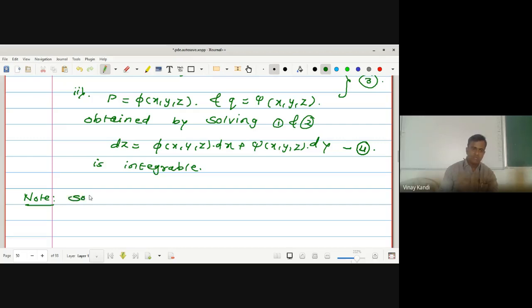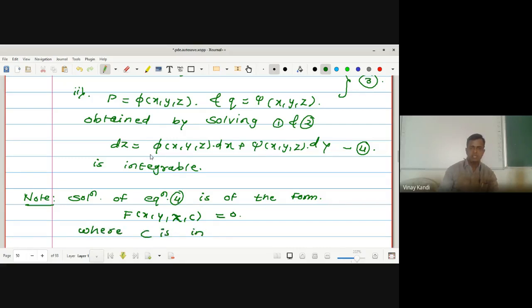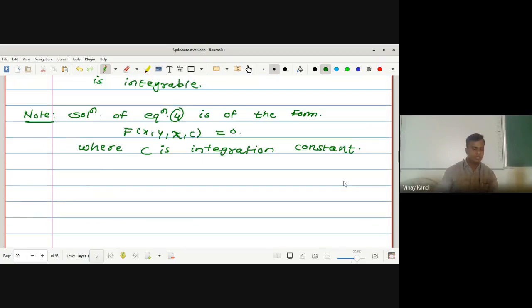Okay, now the solution of equation 4 is of the form f of x, y, z and c equal to 0, where c is the integration constant in equation 4. Okay, so c is the integration constant.